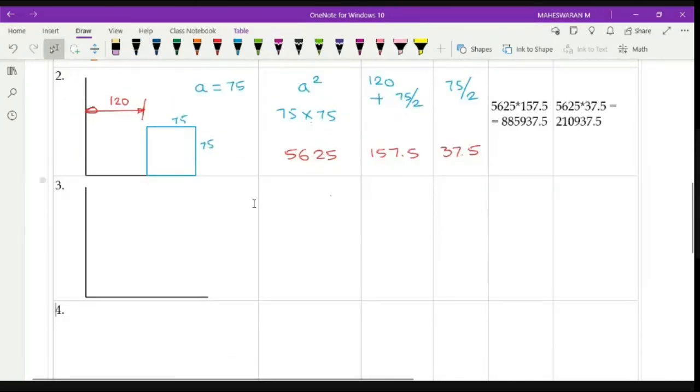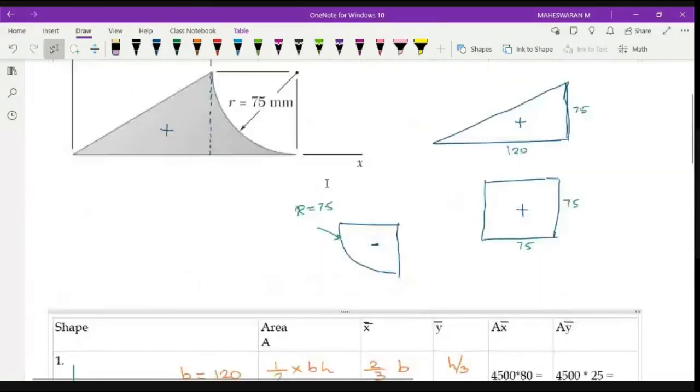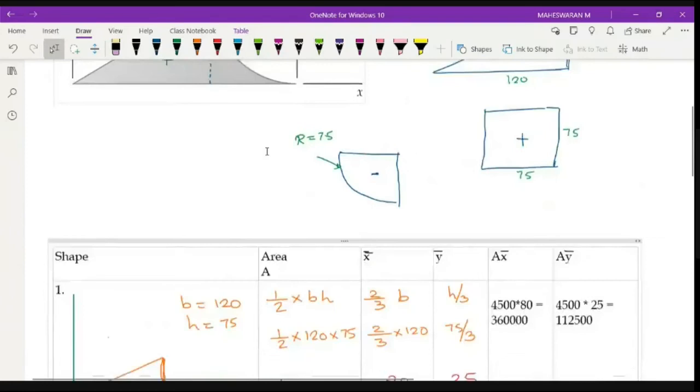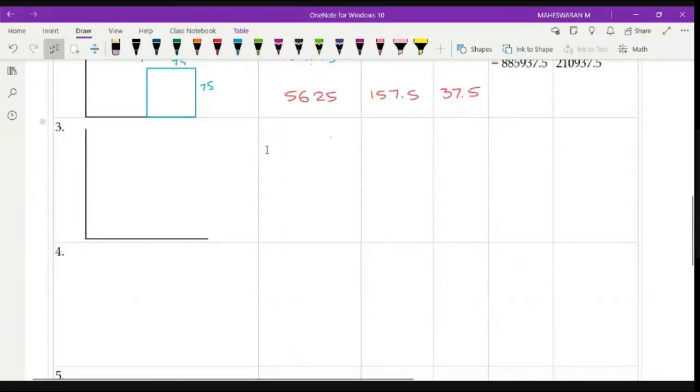Sketch for this. Now you have a quarter circle which I have to subtract. So this is my quarter circle, somewhere here, something like this.